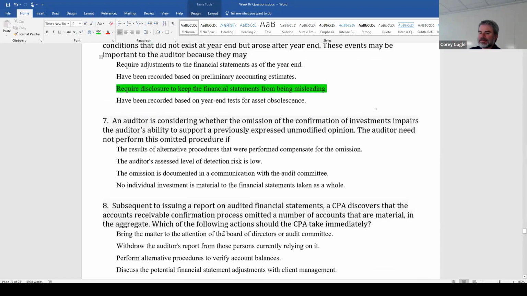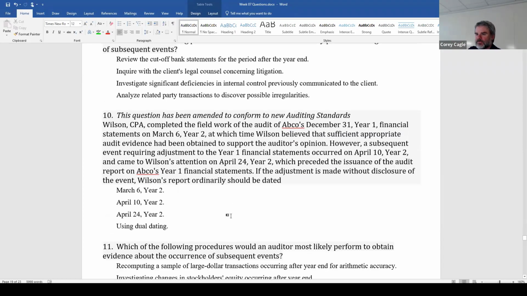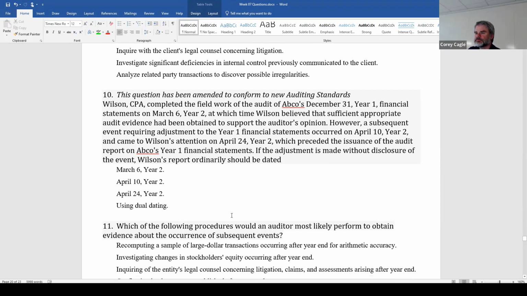And how about number 10? Because it's an old CPA question. Oh, no, it's not. They amended it because there were new standards since that question was first written. Okay, so 10 says, Wilson, CPA, completed field work of the audit of December 31st financial statements. Field work was completed on March 6th, year 2.